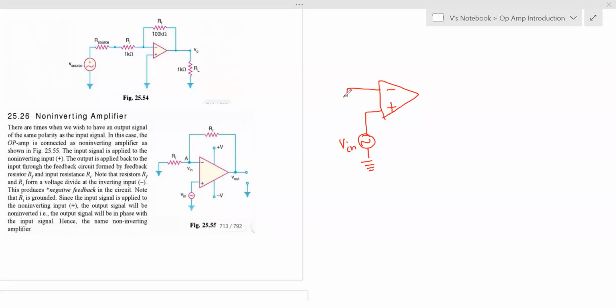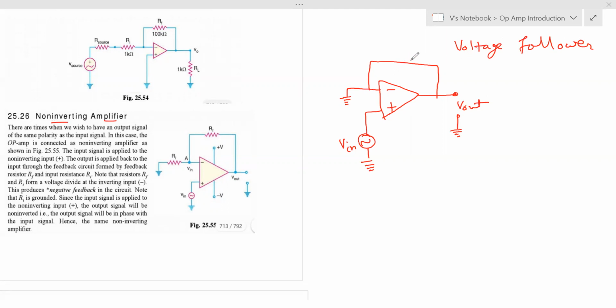No resistor directly to the ground. In feedback, no resistor, directly to the output terminal. So this circuit is called a voltage follower. This is a modification of the non-inverting amplifier.